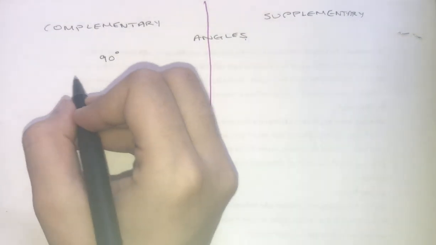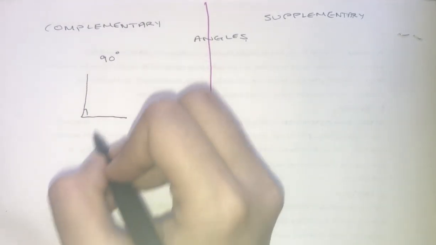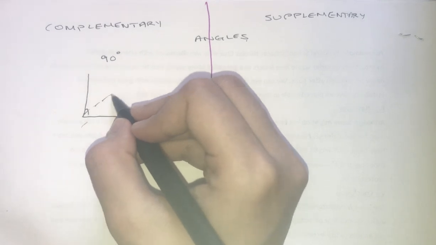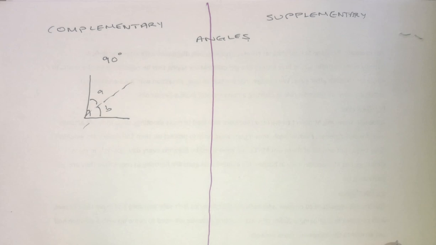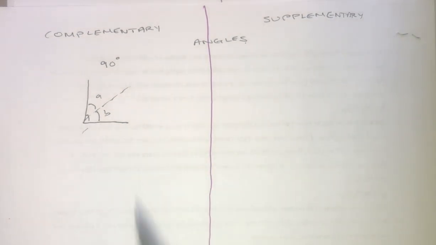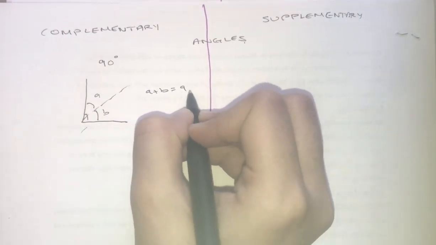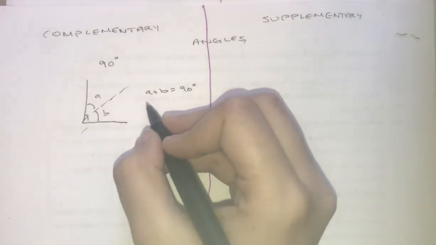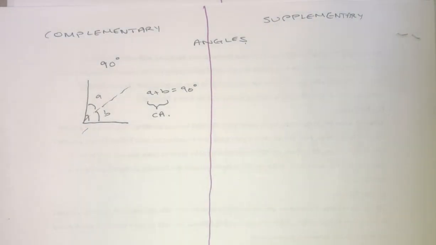So for example, this is 90 degrees, by the square, and if it's divided into two, so this and this here, A and B, are complementary angles. These are the two angles that form a 90 degrees angle. So A plus B is equal to 90 degrees. So A and B are complementary angles. They complement each other. They are added to each other to make 90 degrees.